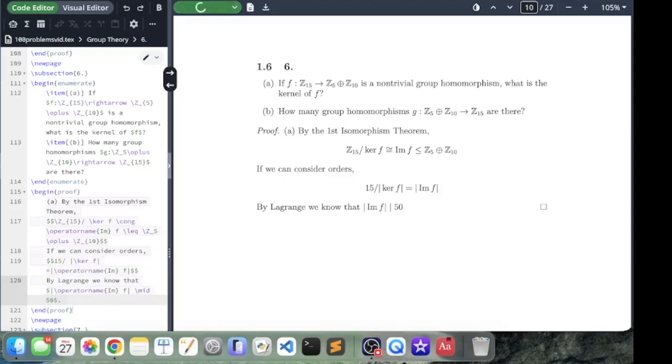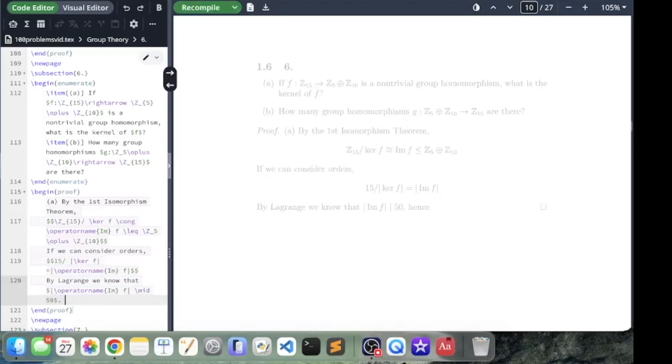By Lagrange, we know that whatever we get from dividing 15 by the kernel has to divide 50, essentially. And so the possible divisors we can pick from are 1, 3, 5, and 15 itself.